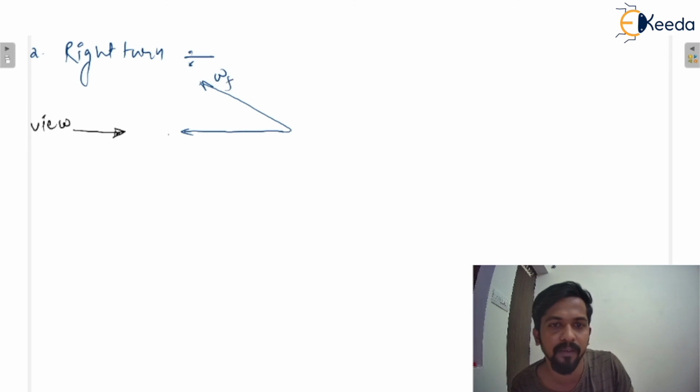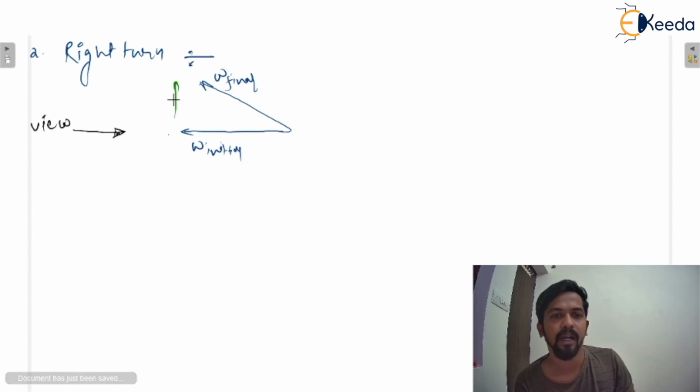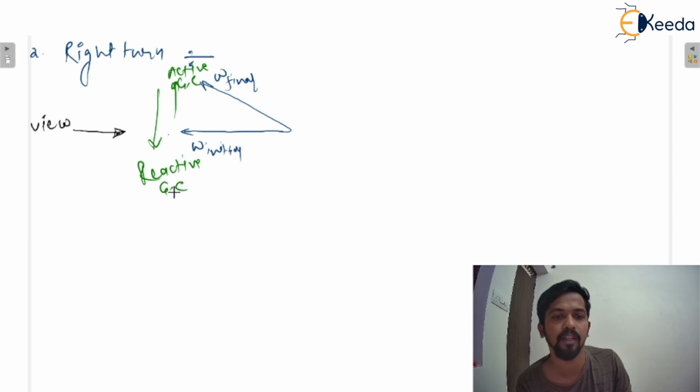This is the omega final, and this is the omega initial, and this would be the active gyroscopic couple, and this would be the reactive gyroscopic couple. Remember again one thing, the effect will be decided by the reactive gyroscopic couple. So what is the effect?